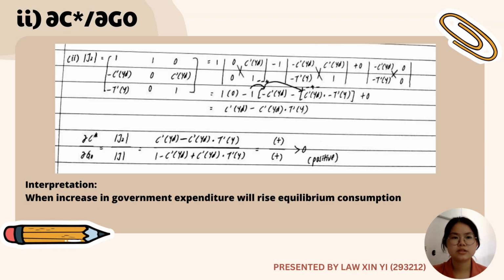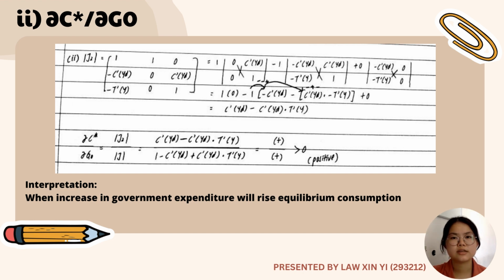The next question asks us to find the partial of c* with respect to g. We use the same method: the partial of c* with respect to g is equal to the determinant of J2 over the determinant of J, which is c_yd minus c_yd times t_y over 1 minus c_yd plus c_yd times t_y, which is more than 0.